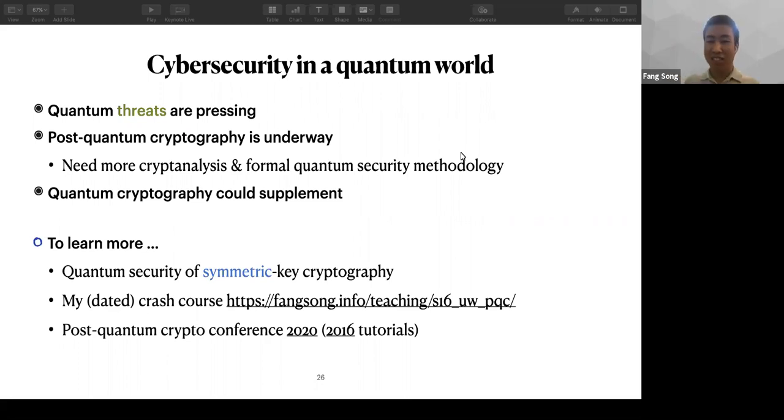Actually, it's kind of a coincidence, it's about the same time as the start of modern public key cryptography. But somehow people took the route of public key crypto and modern crypto, and QKD didn't get enough attention in the early years. But now it seems like a very good supplement.